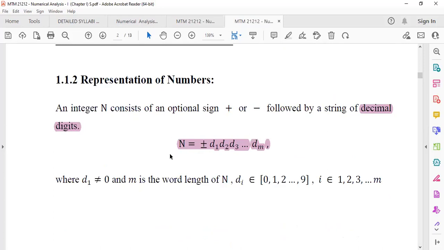Decimal number systems are not the only ones; there are others, like binary. I think you may have heard of it.